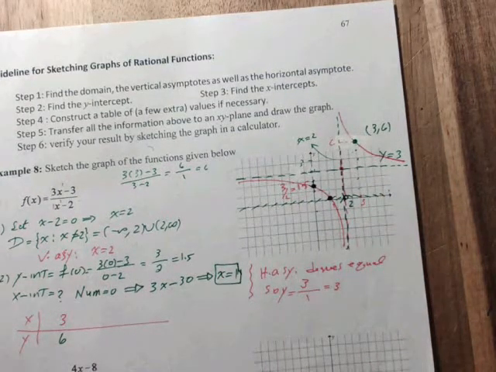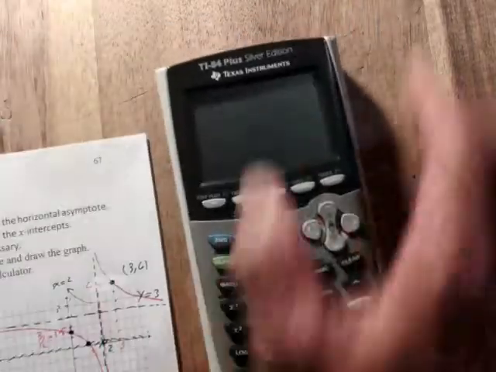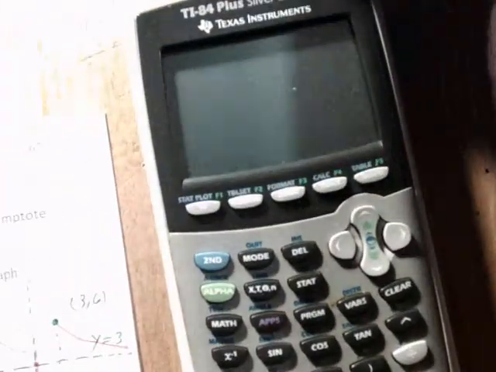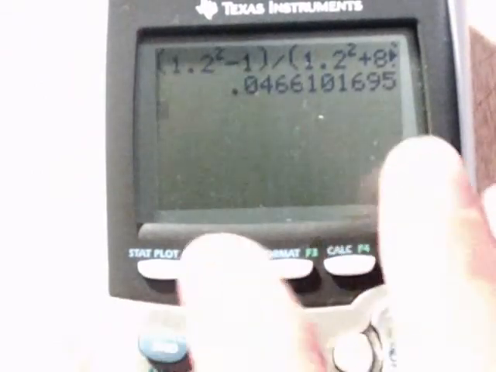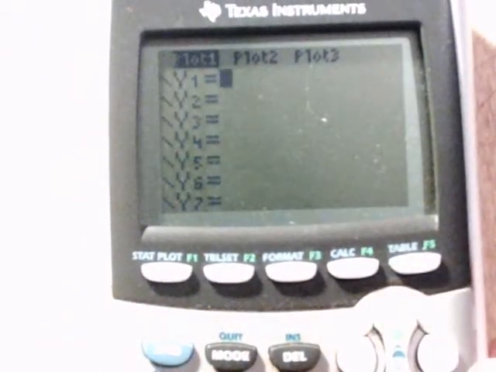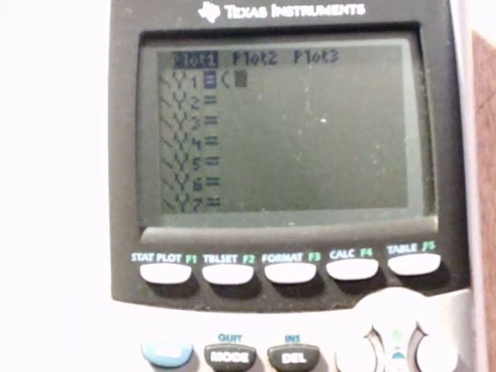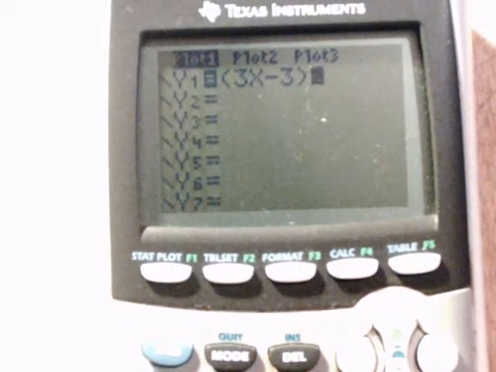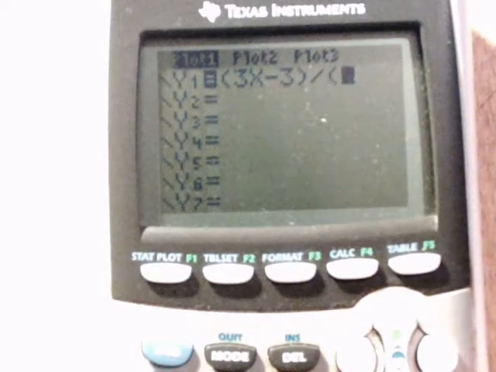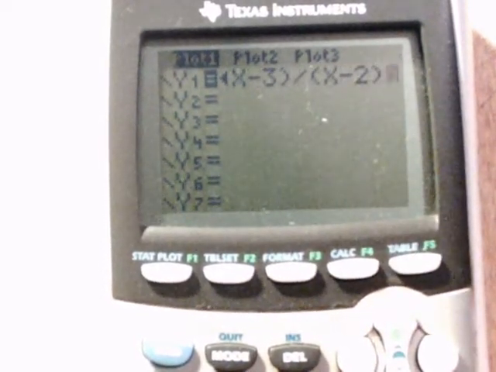So now if I put this in my graphing calculator to see if I can get it, let me make it bigger a little bit. I say y equal to parentheses 3x minus 3, divide that by parentheses x minus 2, like that.